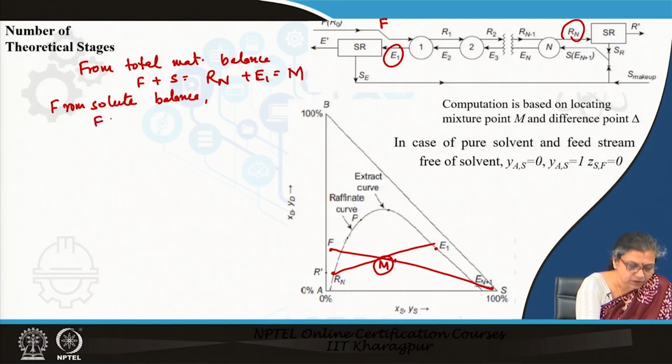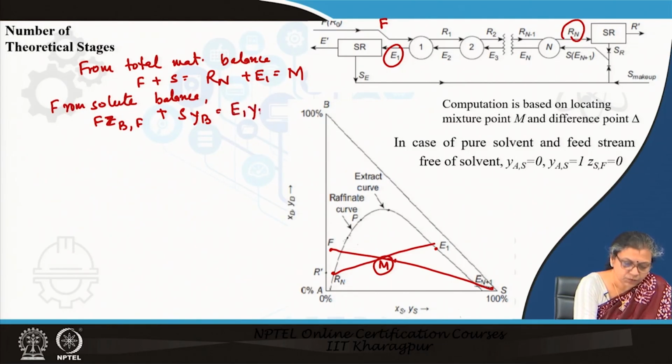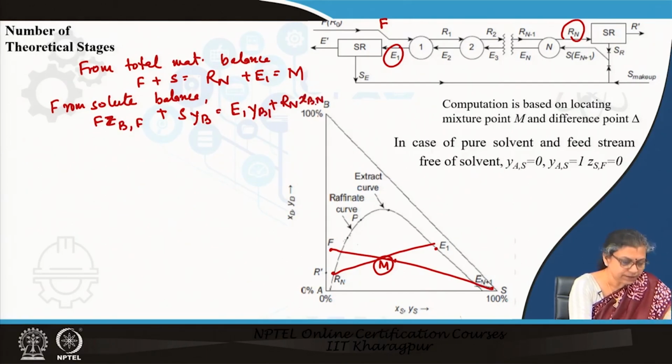We can write it down as F Z B F, where B is our solute, plus S Y B will be equal to E1 Y B 1 plus Rn X B n, isn't it? And this is equal to M into Y B M, since we are doing the solute.